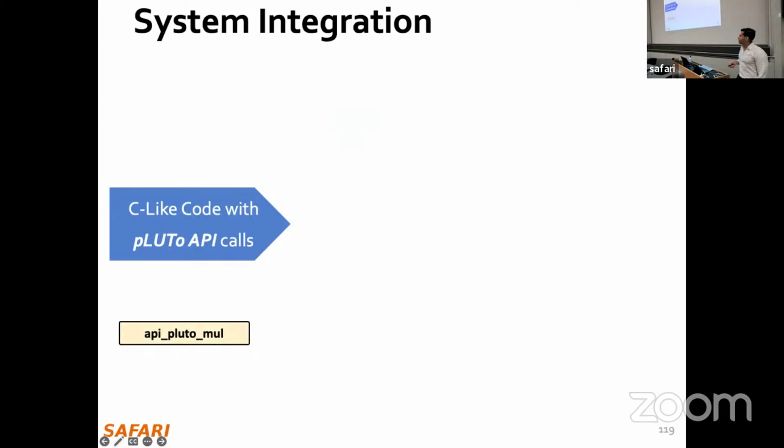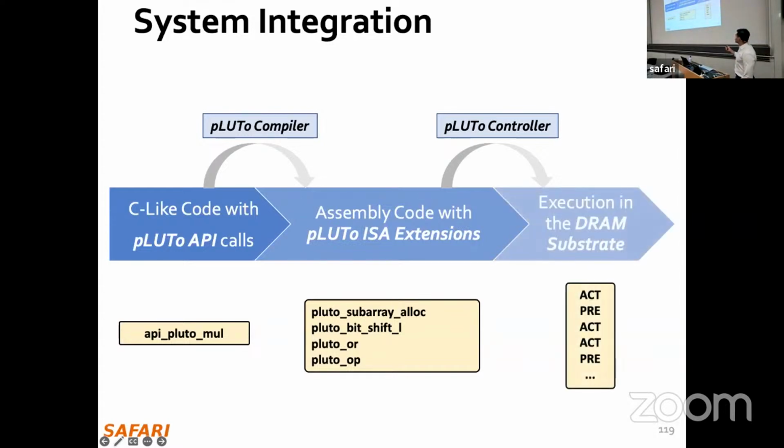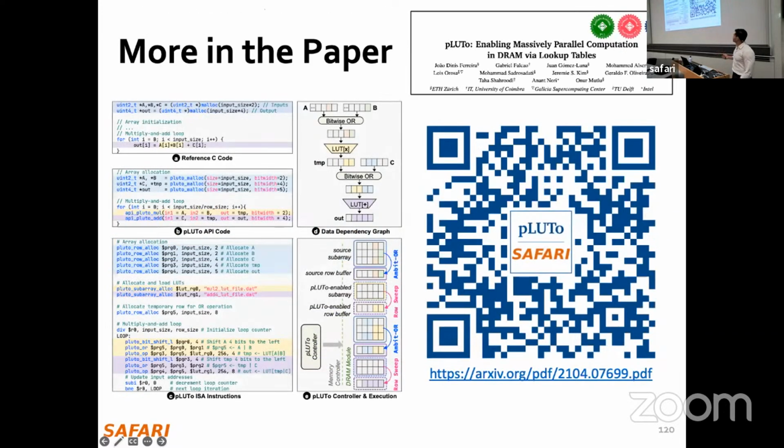In the paper, we also discuss some system integration, which allows us to have some C-like code using the PLUTO APIs, which are converted to some series of in-DRAM operations, some OR operations, bit shifting, which are required to realize those row copies or matching operations, and finally some execution energy which triggers the appropriate in-DRAM row activations and precharge to realize that computation. For more details on those, I invite you to check our paper and this beautiful figure that I drew.